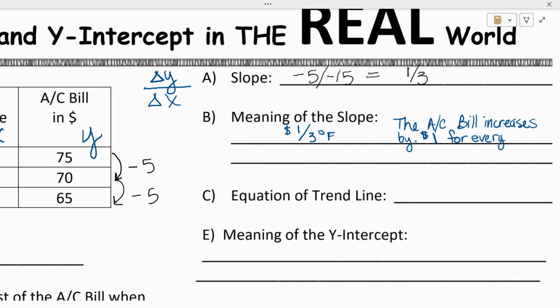So the AC bill increases by $1 for every 3-degree Fahrenheit temp increase. Now, we could say that it also decreases by $1 for every temperature decrease.